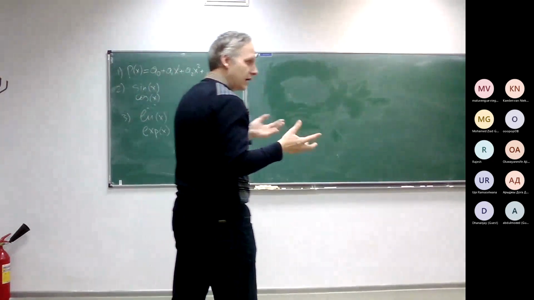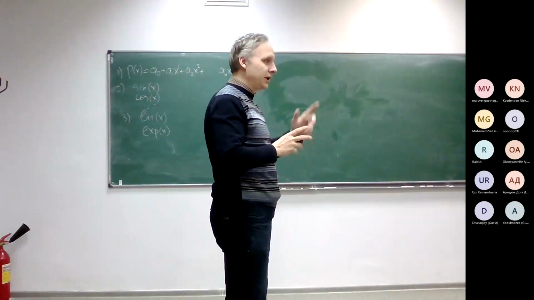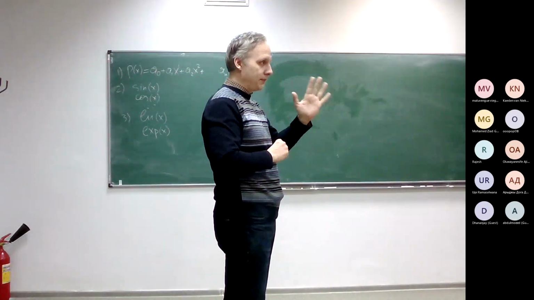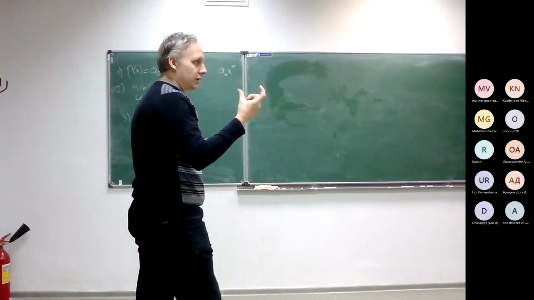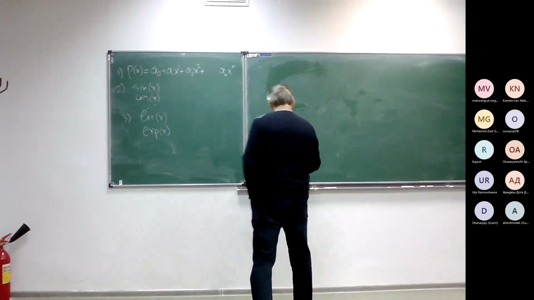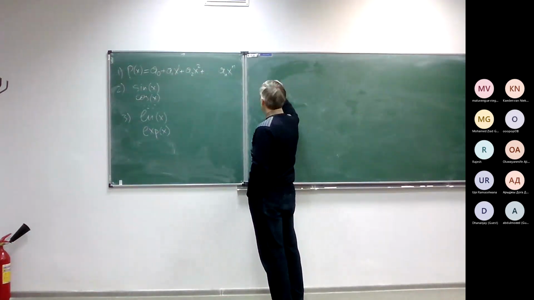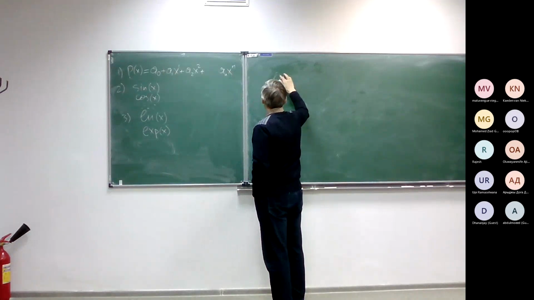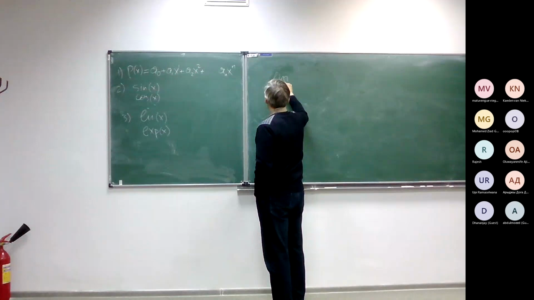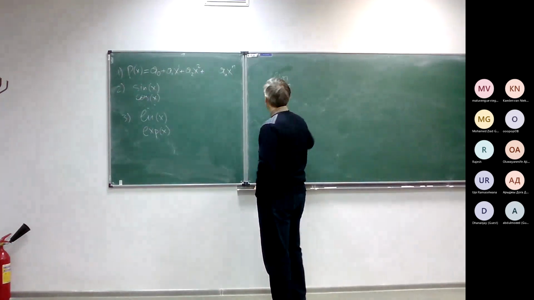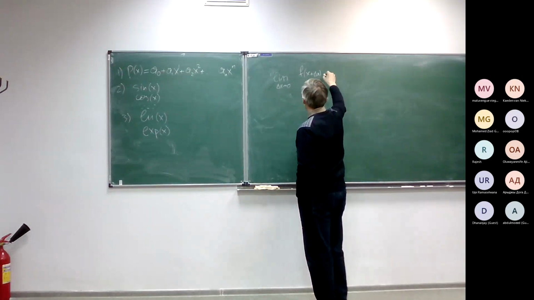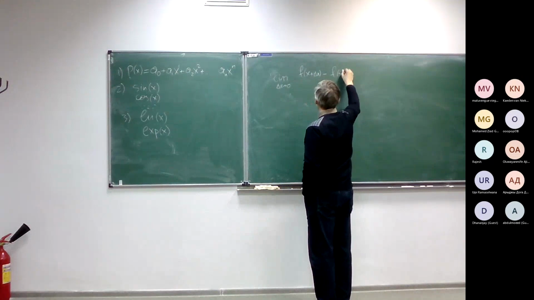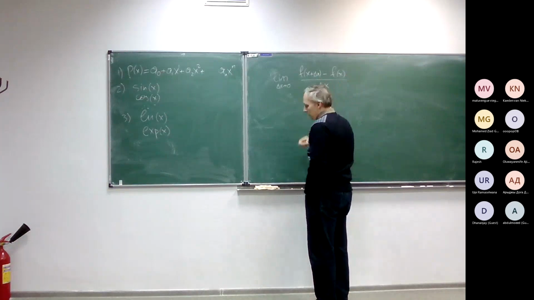If we have a function f of x and we consider some point x and some small value delta x, then we can consider the limit when delta x tends to 0 of f of x plus delta x minus f of x over delta x.